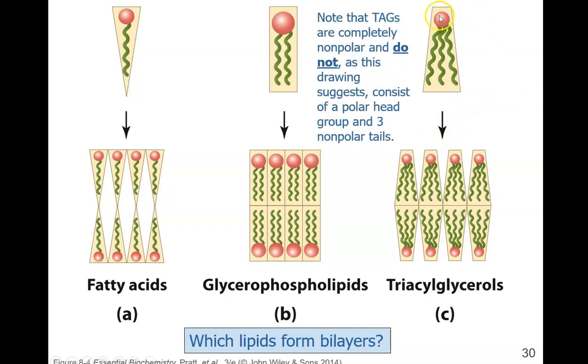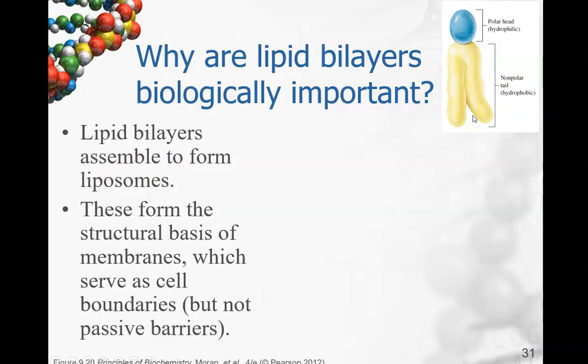I think that it's misleading because it shows the triacylglycerol as if it existed as a polar head group and three nonpolar tails. It doesn't. The triacylglycerols are completely nonpolar, and for that reason they don't form membranes. So the glycerol phospholipids and the fatty acids are both amphipathic molecules. The glycerol phospholipids form membranes, the fatty acids don't, and the triacylglycerols don't because they are completely nonpolar.